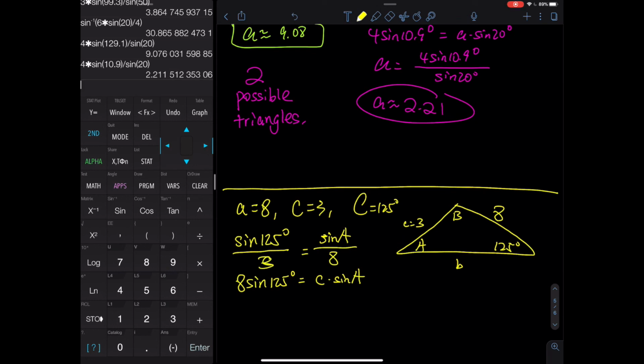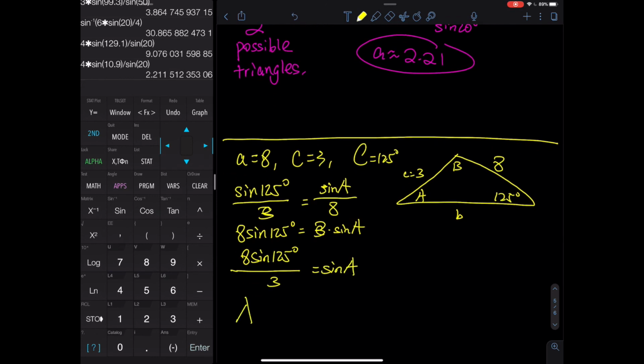You don't put a 3 in there. c equals 3. And then we have 8 sine 125 degrees divided by 3 equals sine of A. And then we have A equals inverse sine of 8 times sine 125 degrees divided by 3. And then this one has no answer.